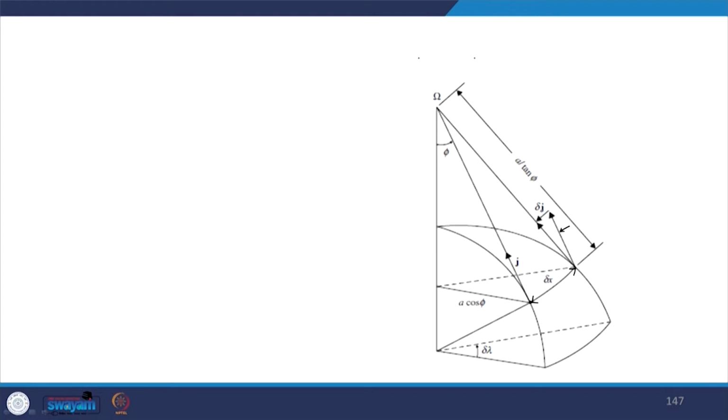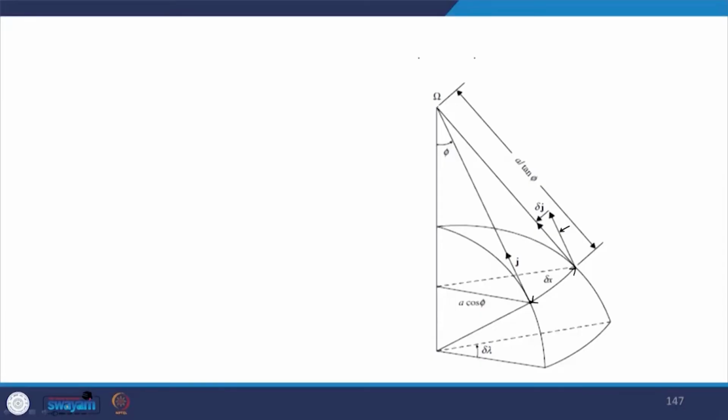Now we have to find out what is delta j, its magnitude and its direction. To do this we will use some simple trigonometry. Omega is the angular velocity from this point to this point, and the distance from this point to this point is identified to be a by tan phi. Let us call this distance x. Using simple trigonometry, delta lambda is the angle.